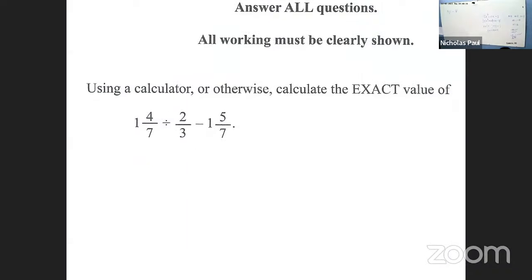Start here. Using a calculator, do the fraction. Easy stuff, right? Time up, next one. Use the calculator, don't work it out.